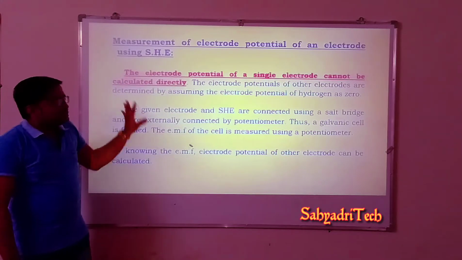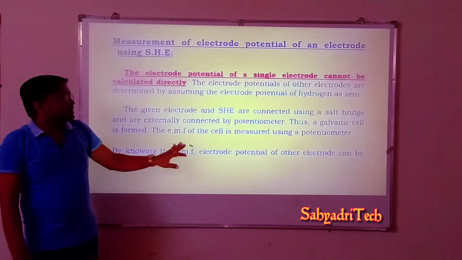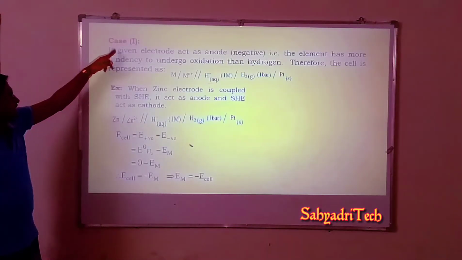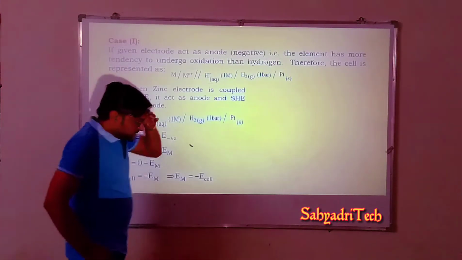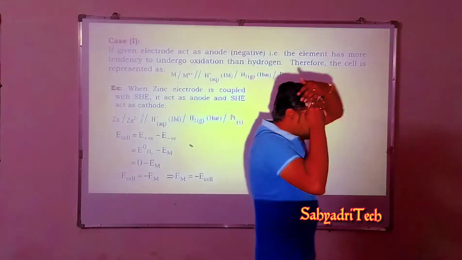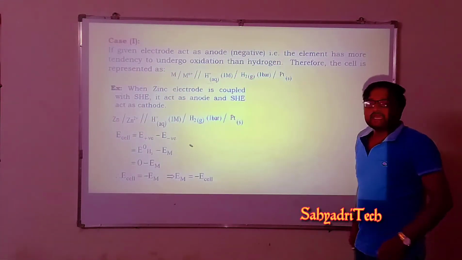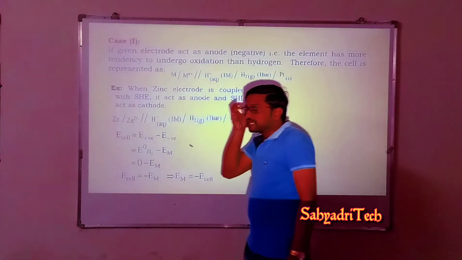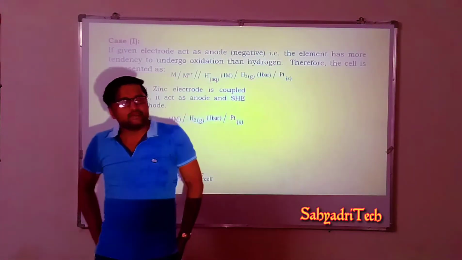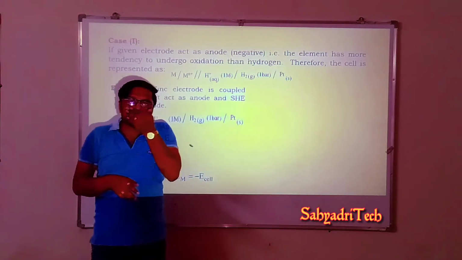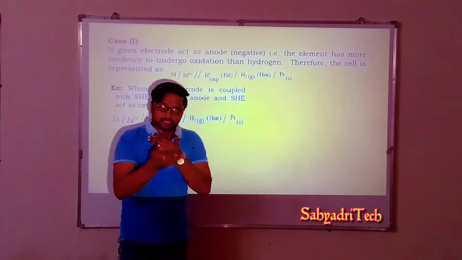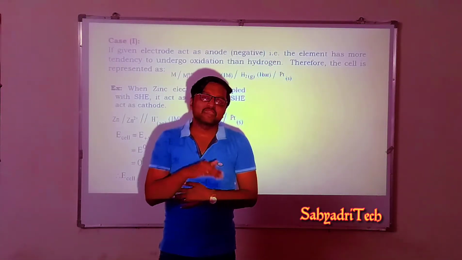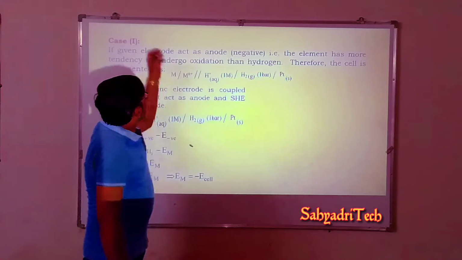So generally, what is the procedure to be followed to determine the electrode potential? Coming to the first case, say one example, or I can say illustration part. Say the given electrode acts as an anode. So what is the case I am mentioning? If the given electrode acts as an anode, as I said, based on the nature of the other electrode, SHE may act as anode or cathode. So what is the first case?